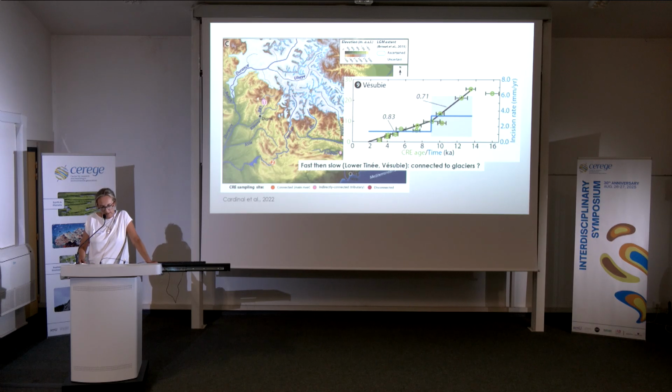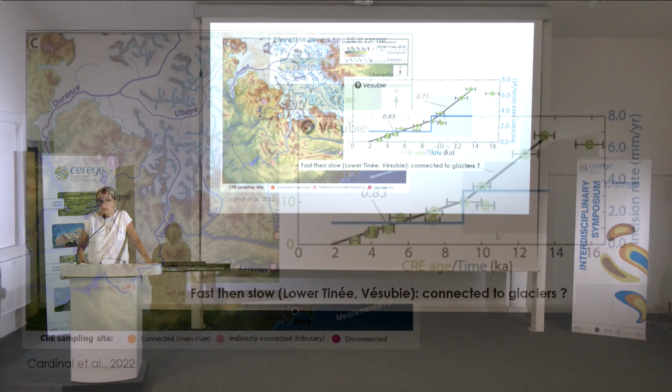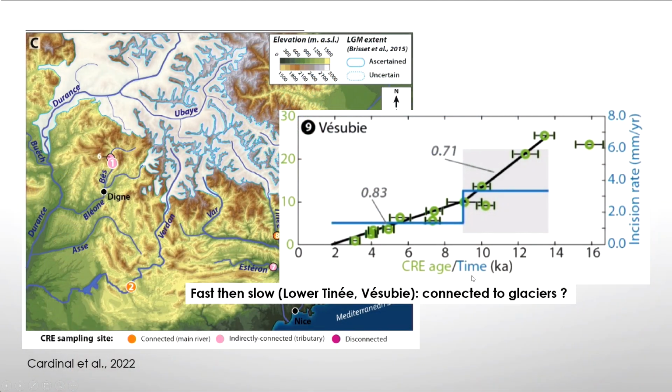And what he has seen is that, for instance, in the Vésubie and Tinée Rivers, which are the rivers that were directly covered by glaciers during the LGM, we have a first stage of fast incision around 3 millimeters per year after the LGM up to 9 to 10,000 years, and which slows down to 1 millimeter per year after.